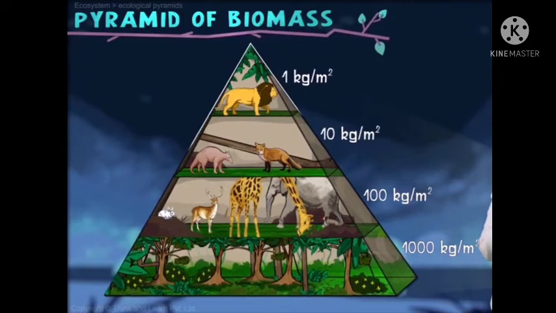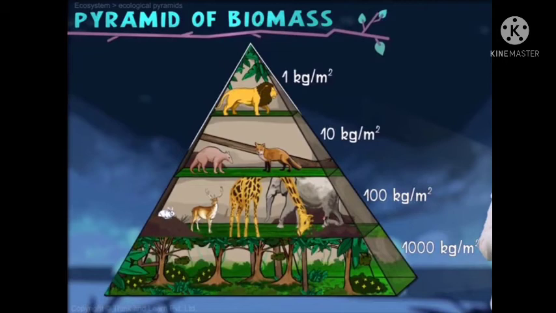If we compare the mass of the producers with that of the lion, you will see that the lion is 1 kilogram. So at each trophic level, as we go from bottom to top, the amount of mass goes on decreasing.